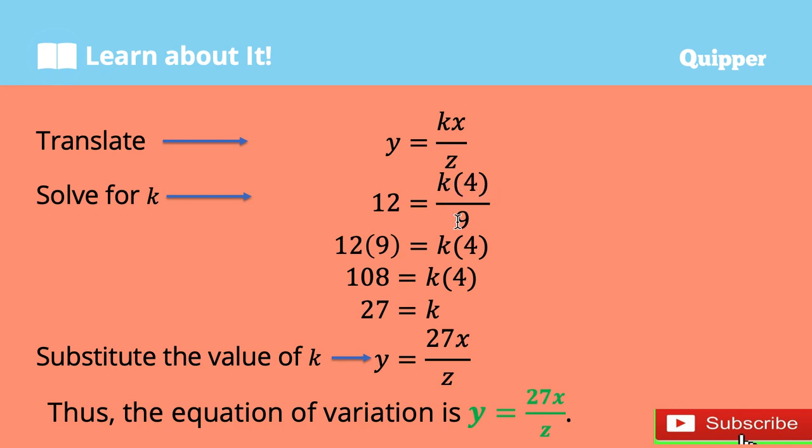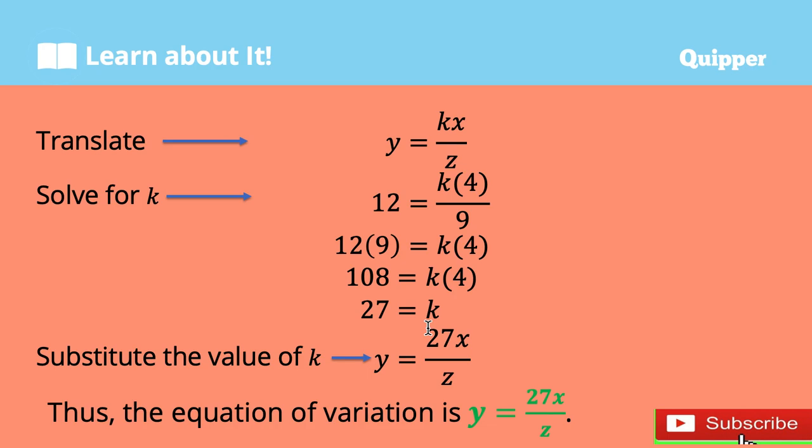The 9s cancel, so we have k times 4 as the remaining. Then divide both sides by 4. So this is equal to 1k or k, and 108 divided by 4 is 27. Therefore, the value of k, the constant of the variation, is 27.